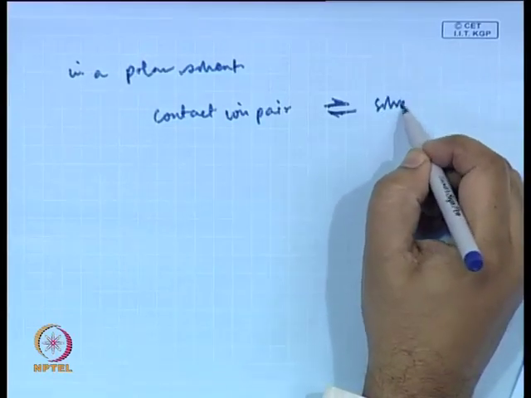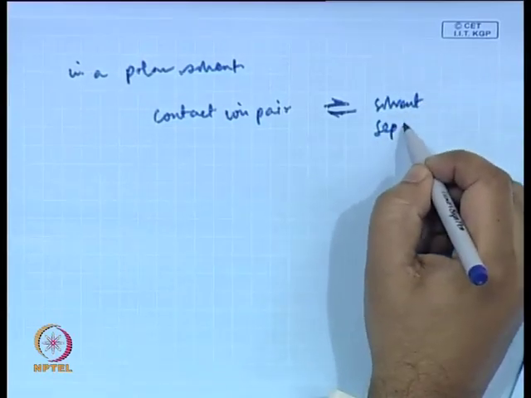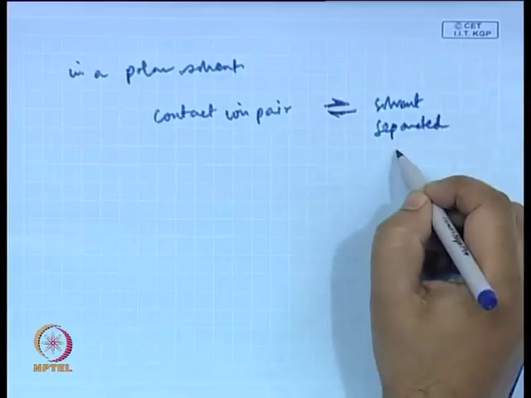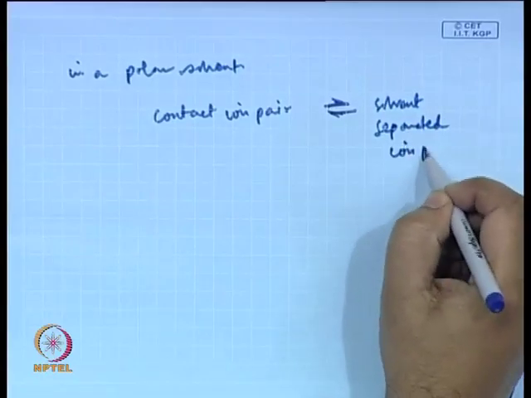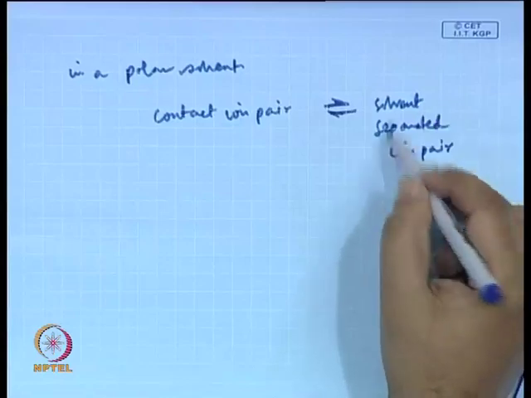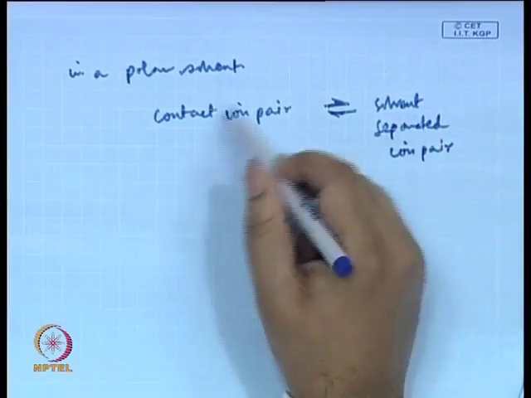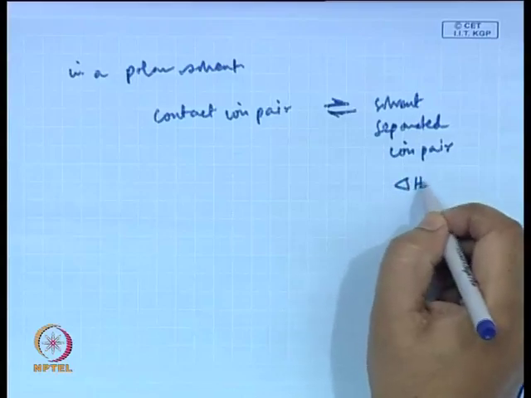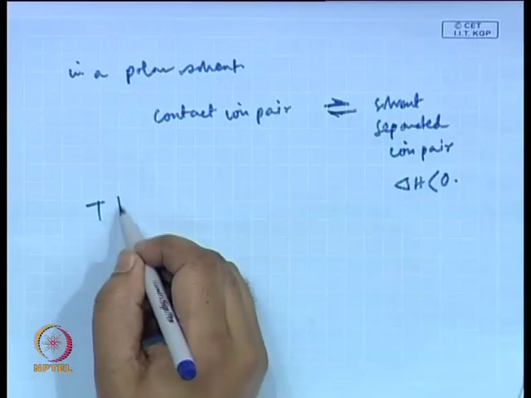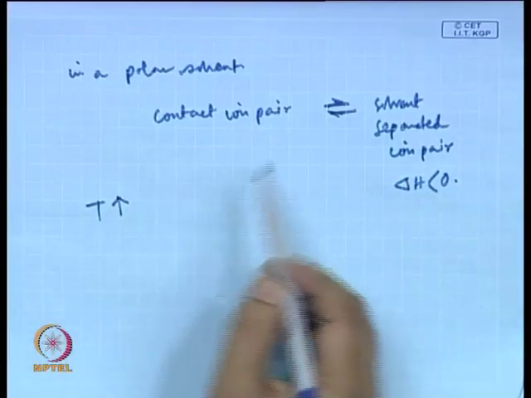So, a solvent separated ion pair, as you know, would have higher reactivity and higher reaction rate compared to this, and this is an exothermic reaction. So, if you increase the temperature, what happens?